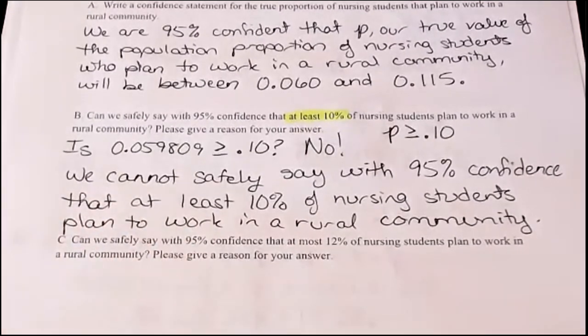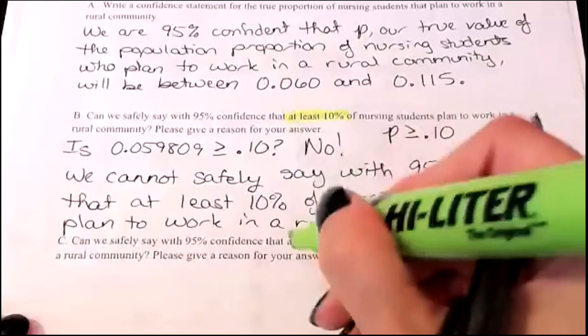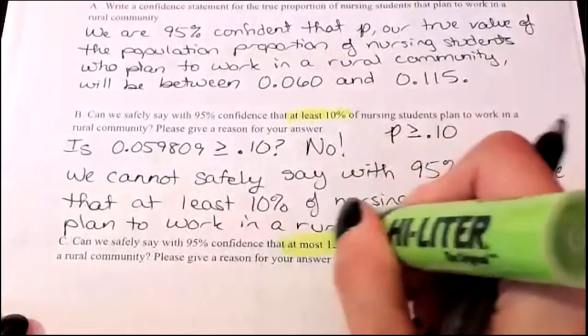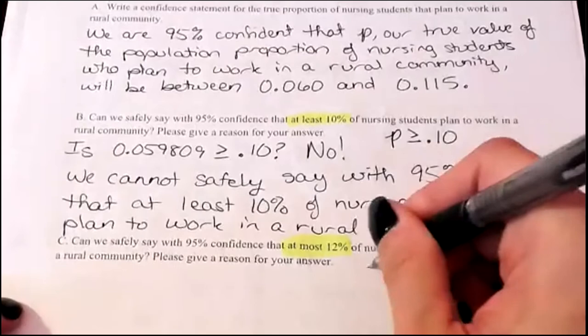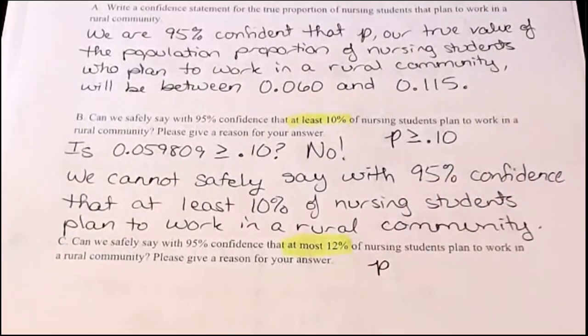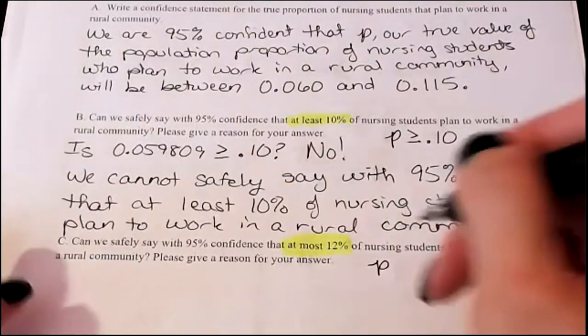Part C, can we safely say with 95% confidence that at most, highlight this please, at most 12% of nursing students plan to work in a rural community. So the true population proportion at most means less than or equal to.